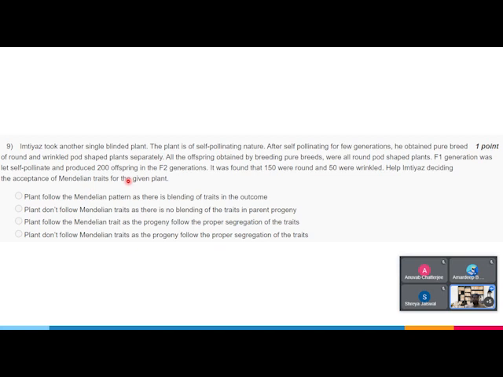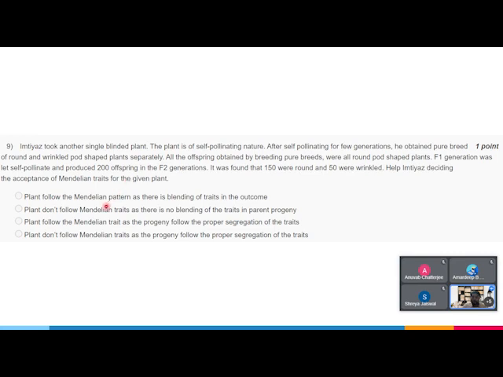And now he allowed this F1 progeny to self-pollinate amongst themselves and got 200 offspring, out of which 150 were round and 50 were wrinkled. So Imtiaz is wondering if this entire experiment follows the Mendelian pattern or the Mendelian laws.